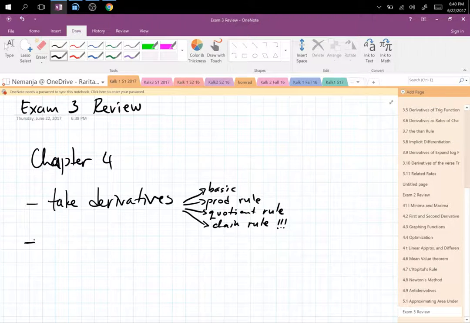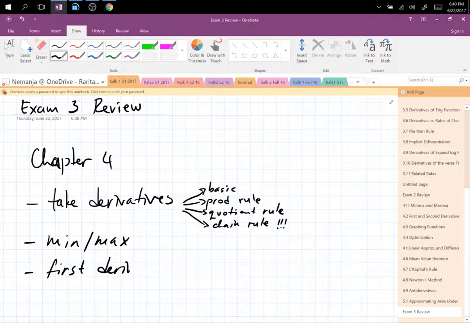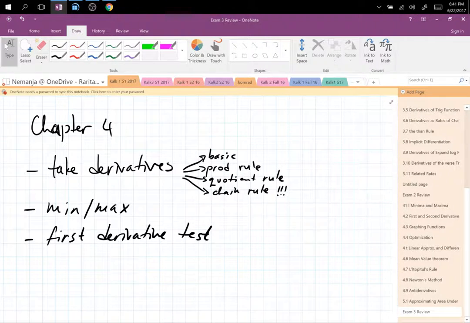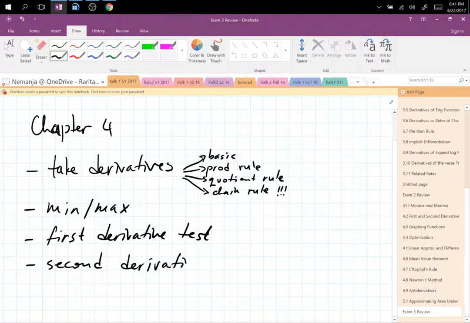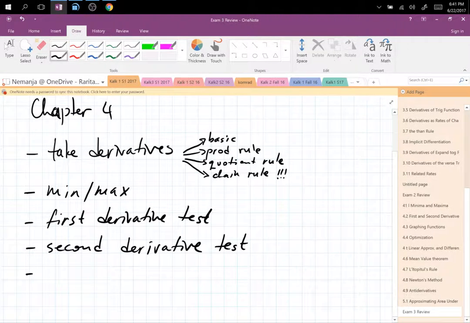And then we figure out that we need min-max, first derivative test, second derivative test, and then graph the function.